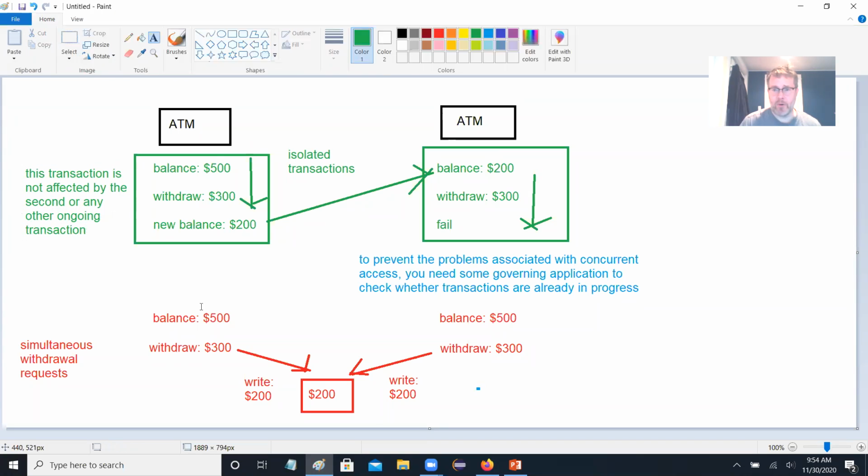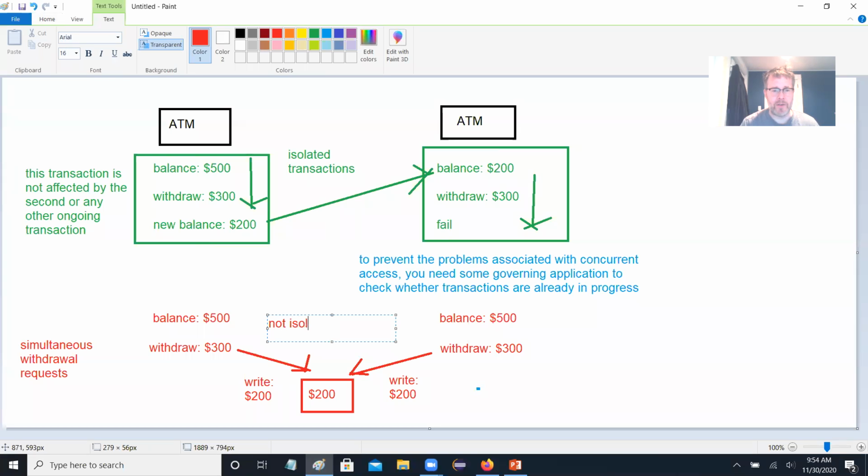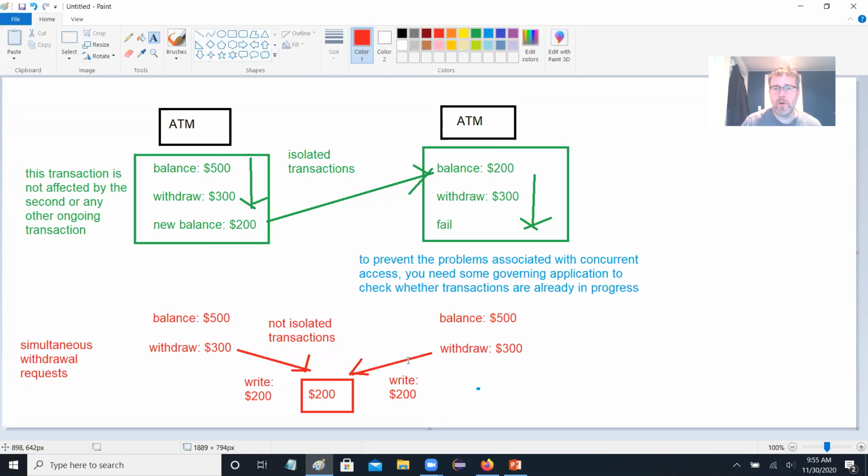Basically, it's going to work the same way as if it were the only transaction in the system, regardless of what else is going on. That's what isolation means. This case down here is not isolated transactions, because the fact that there are multiple withdrawals going on simultaneously is going to affect how the system processes them. Here, this whole thing happens first, then this second thing. In this case, both transactions get to see some intermediate results of an ongoing transaction. They're interleaved like that, and that is fundamentally where the problem comes from.